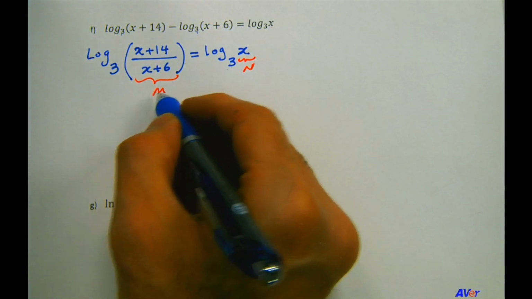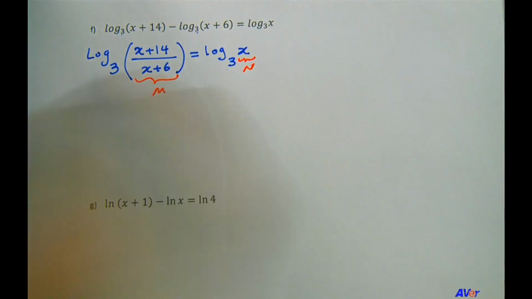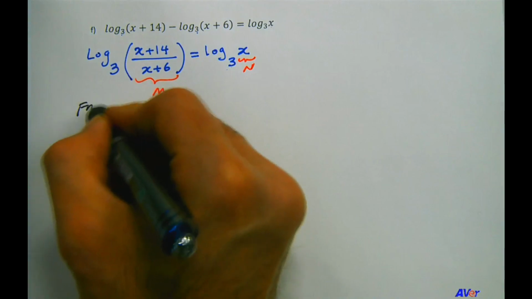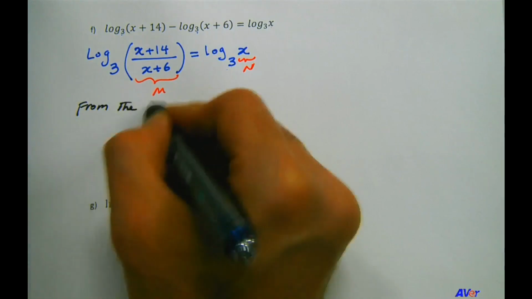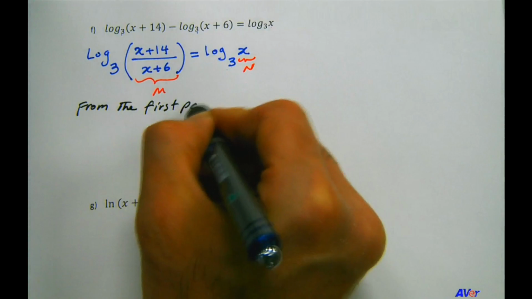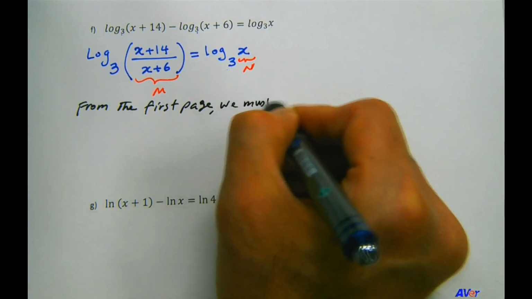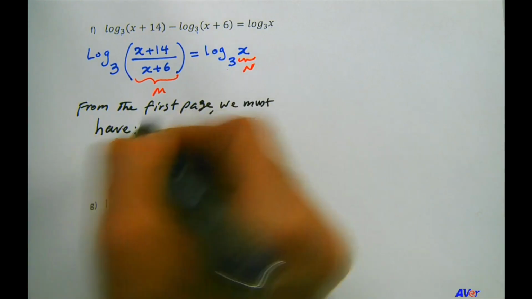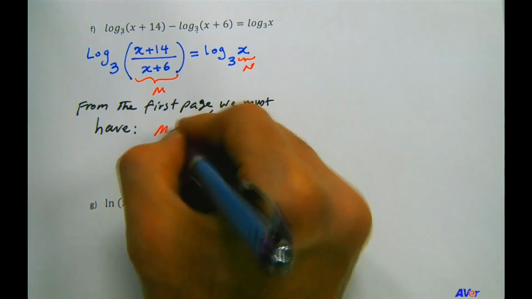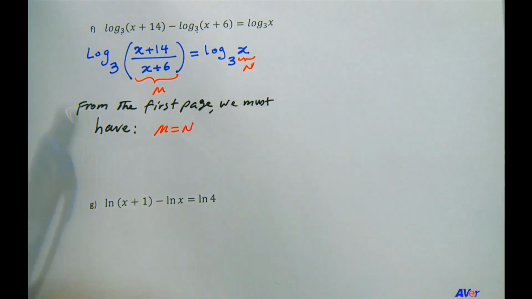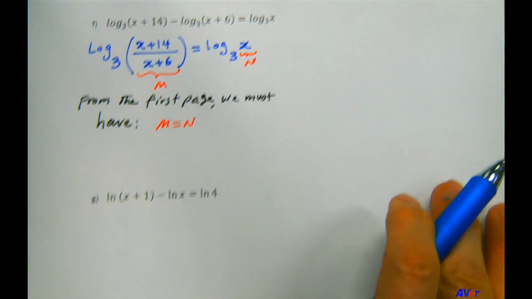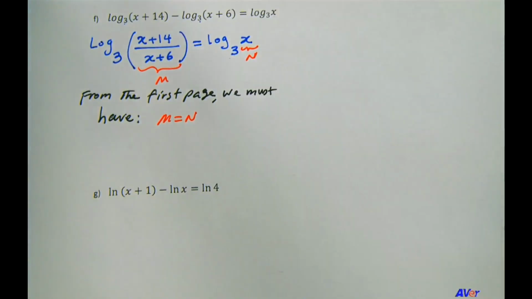So from the first page, we must have m equals n, right? All right, so let's do that. By the way, I forgot to mention it, but I hope that you have solved this ahead of me. You paused the video, you solved this, and now you're back, I hope.